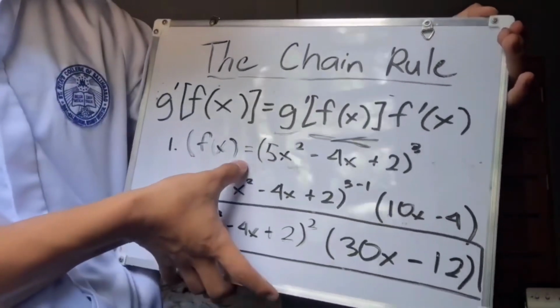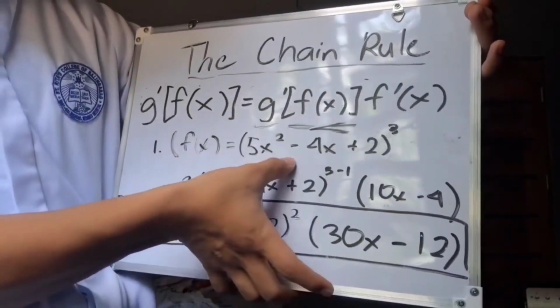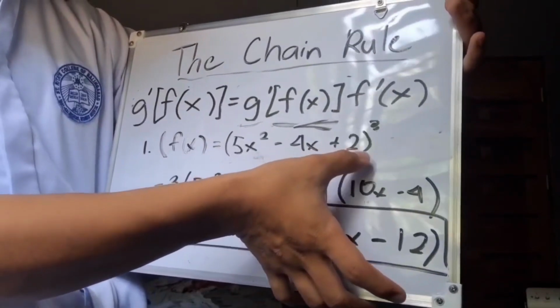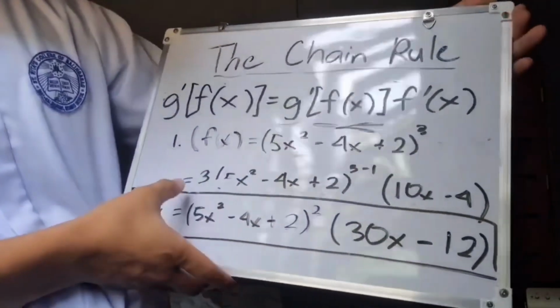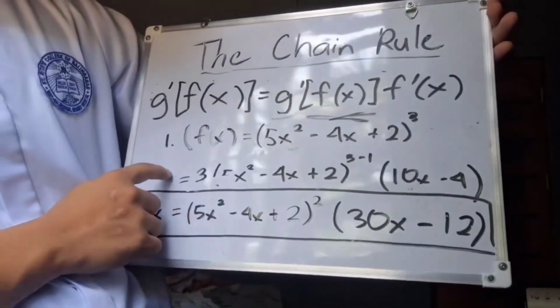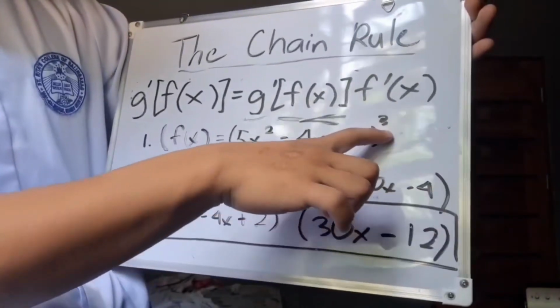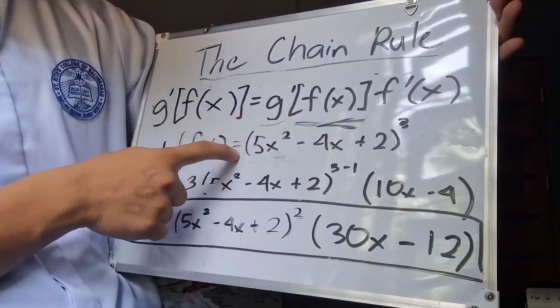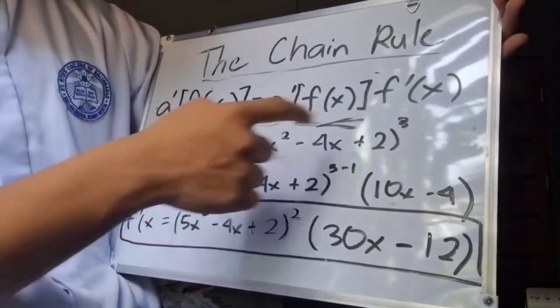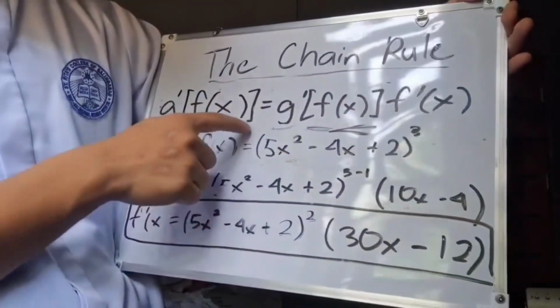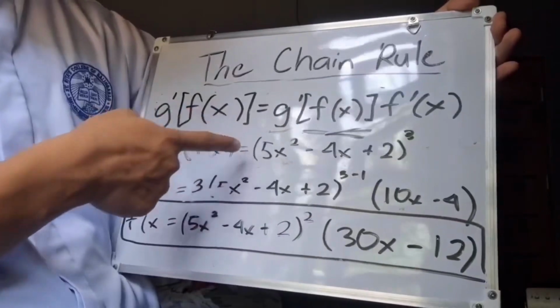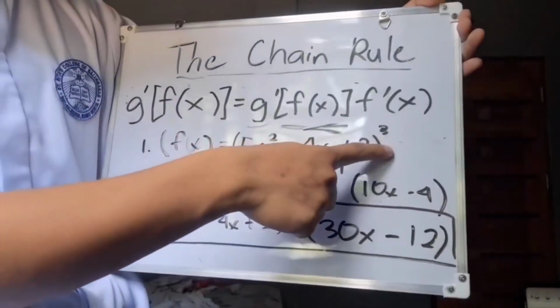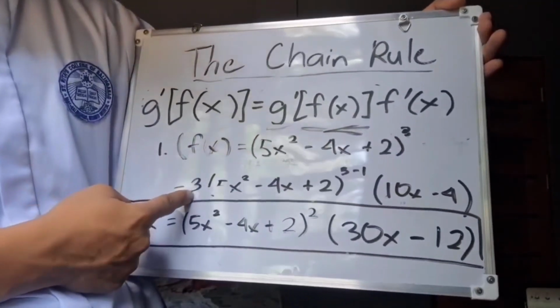f of x is equal to 5x squared minus 4x plus 2 to the power of 3. Since the power here is cube and there's no power here, we are going to times this 3 in here. Since there is no number here, we have an imaginary 1, which means 3 times 1 is equal to 3.